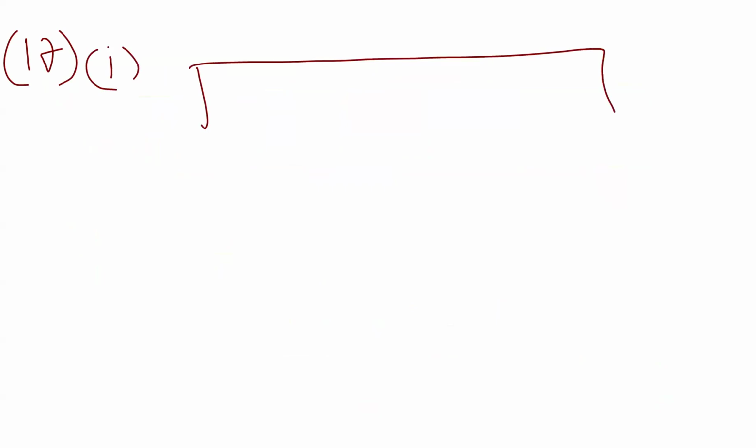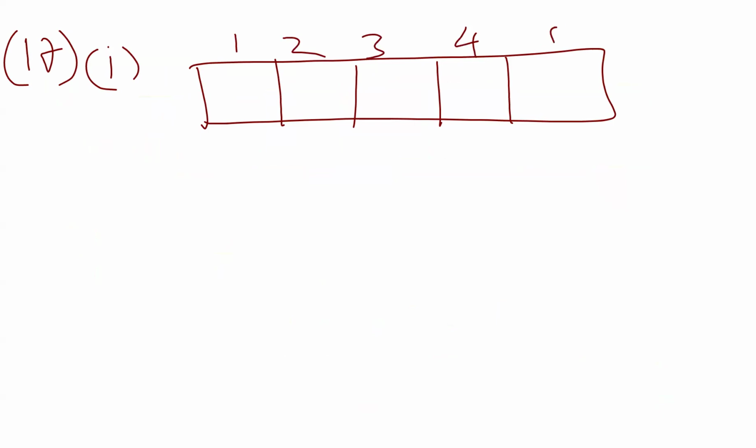So 17, sub question 1, 5-digit number. The number must be odd, 1, 3, 5, 7, 9.